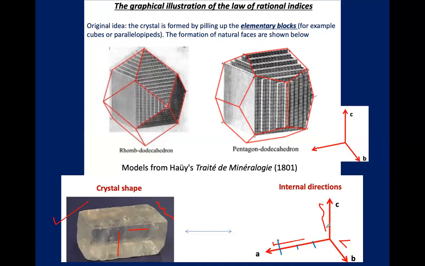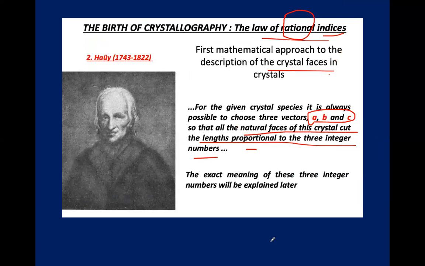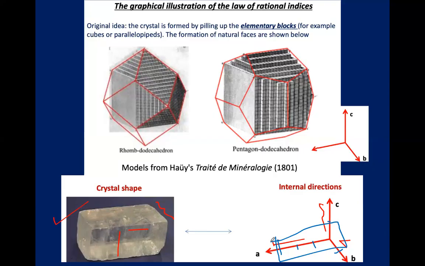Maybe in one direction it's 2 times, in another direction 3 times, in another direction 1 time. Like this, you can orient this crystal along these axes. This is what they were talking about, the second law, the law of rational indices.